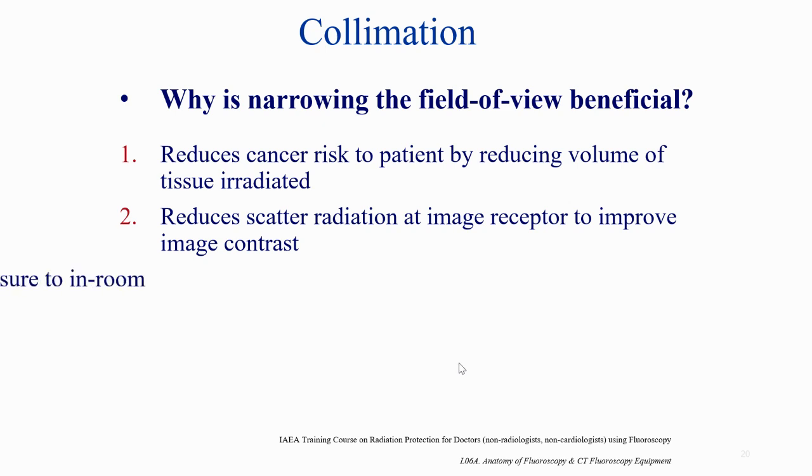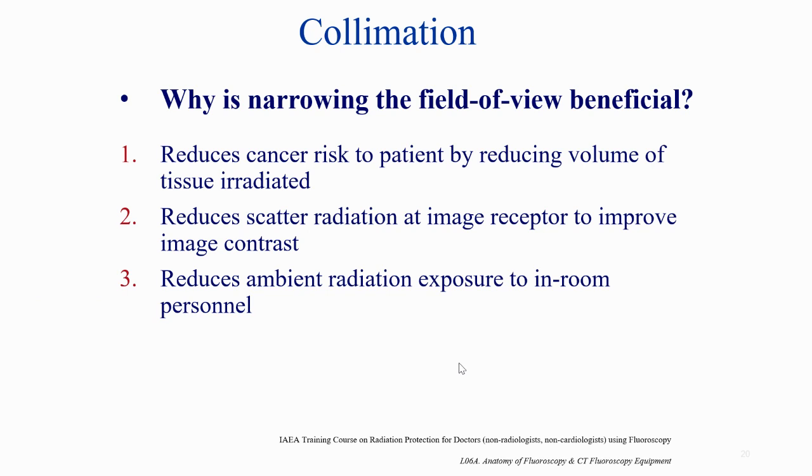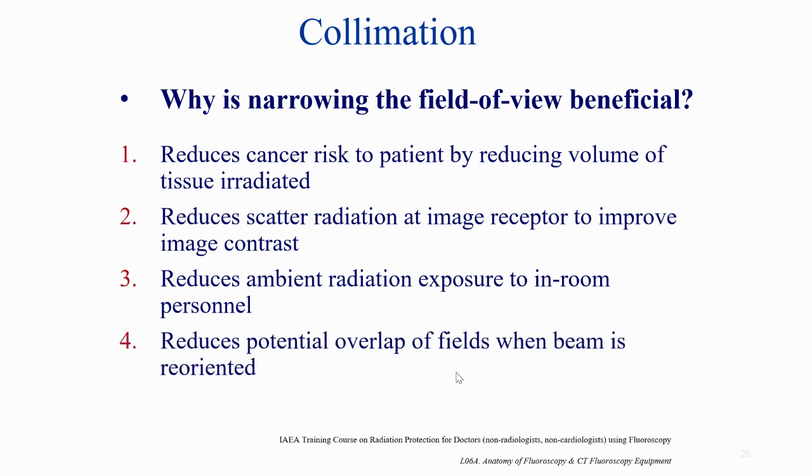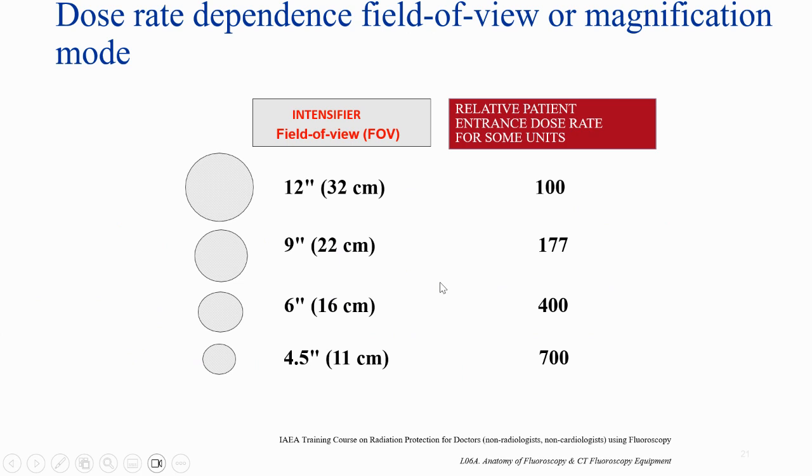It reduces scatter radiation at the image receptor to improve image contrast. It reduces ambient radiation exposure to in-room personnel. It reduces potential overlap of fields when the beam is reoriented. So collimation is very important and should be used by our interventional radiologists to reduce the patient dose.